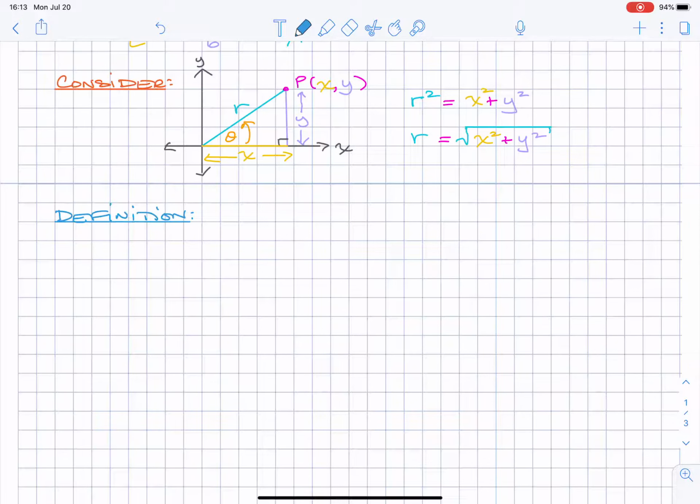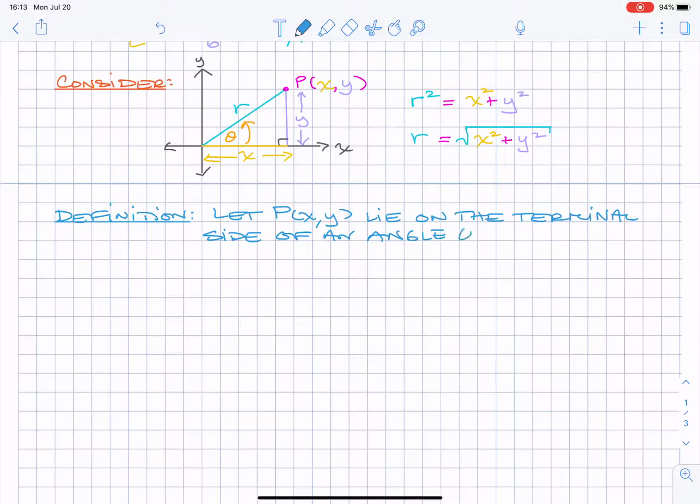Okay, so let point P at x comma y lie on the terminal side of an angle theta, an angle theta in standard position.